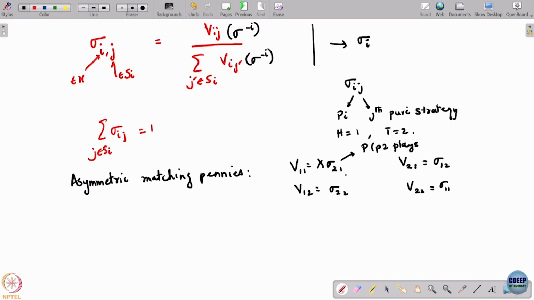Sigma 21 is the probability that player 2 plays heads, and similarly sigma 22 is the probability that player 2 plays tails. This is the probability that player 1 plays tails, and this is the probability that player 1 plays heads.